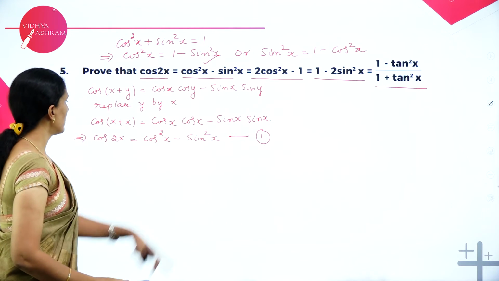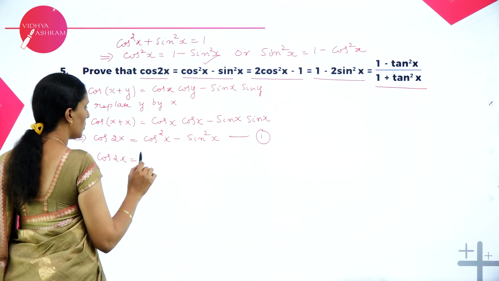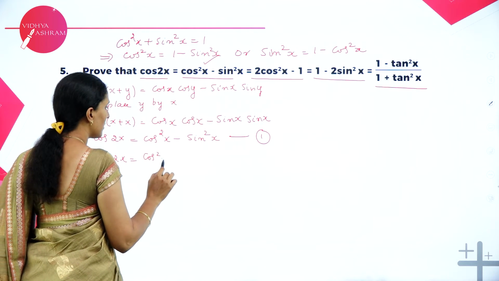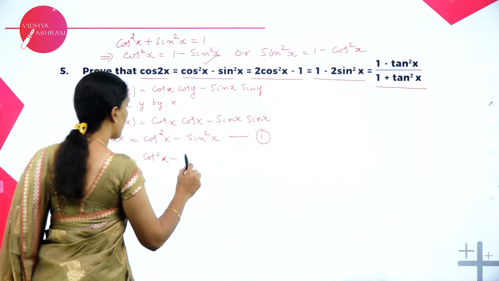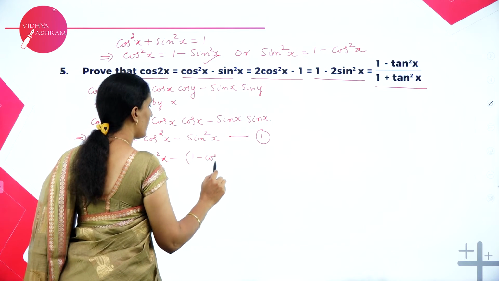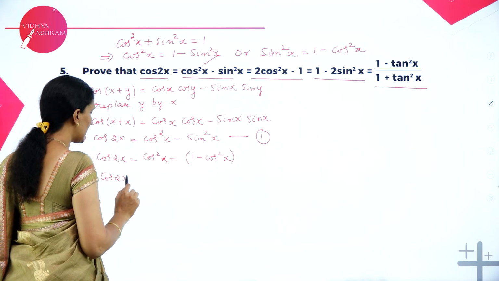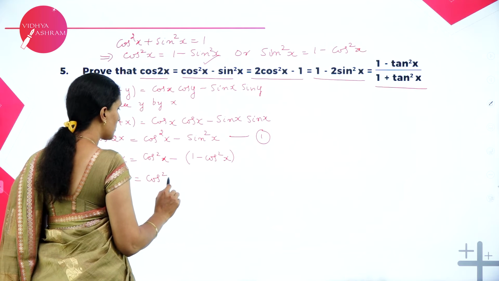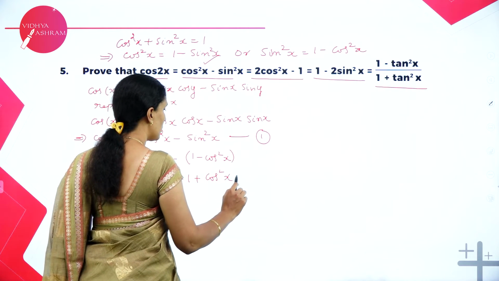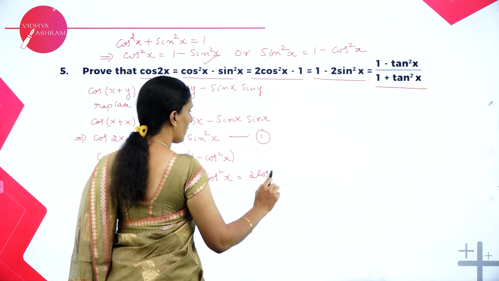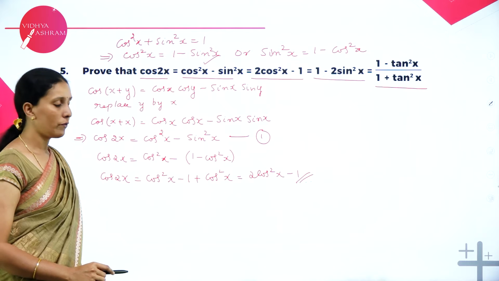So let me use cos 2x is equal to cos square x minus, instead of sin square x, I will take it as 1 minus cos square x. So then I will get cos 2x is equal to cos square x minus 1 plus cos square x, which is equal to 2 cos square x minus 1. So my second proof is verified.